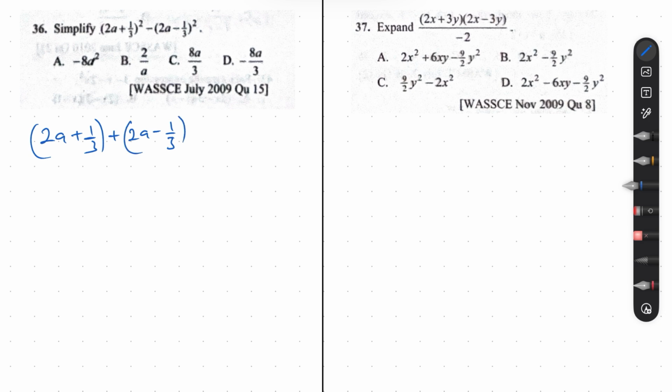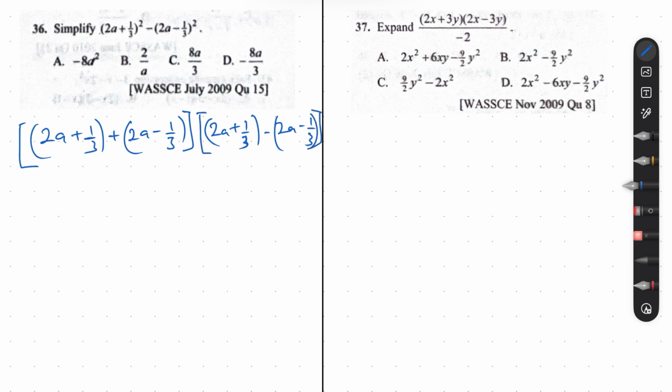This whole thing would multiply 2a plus 1 over 3 minus 2a minus 1 over 3.